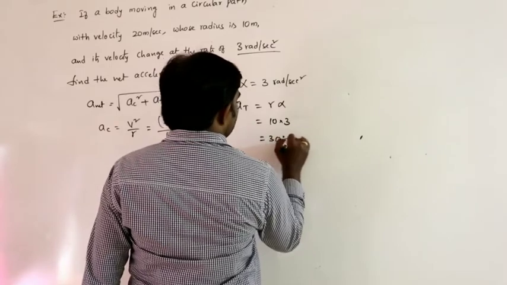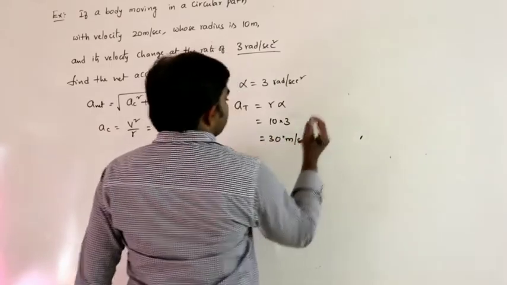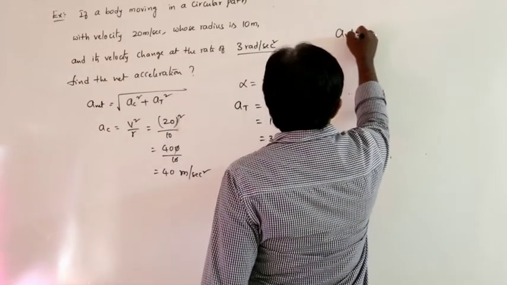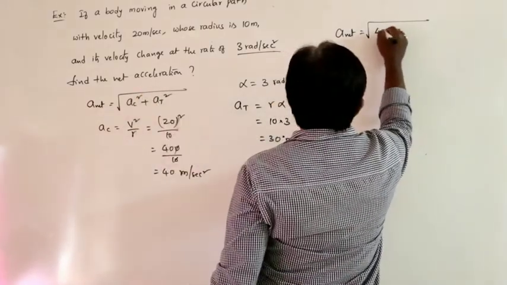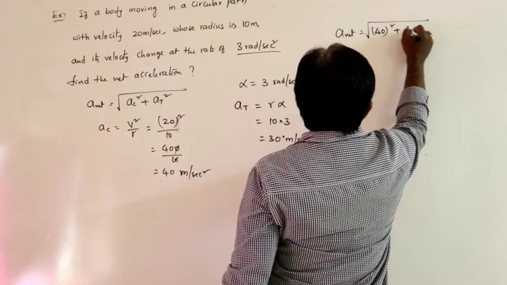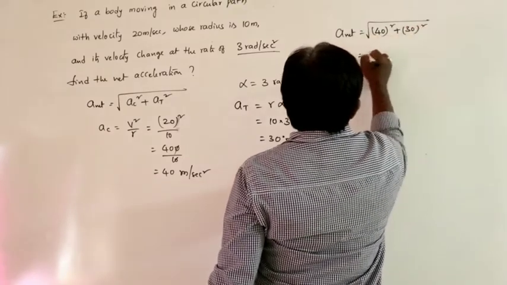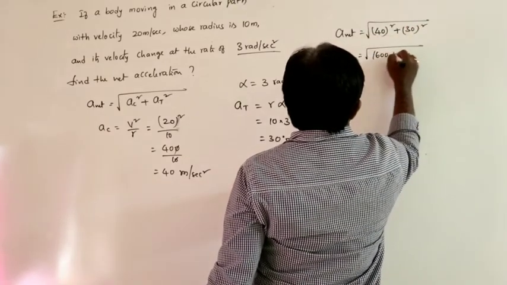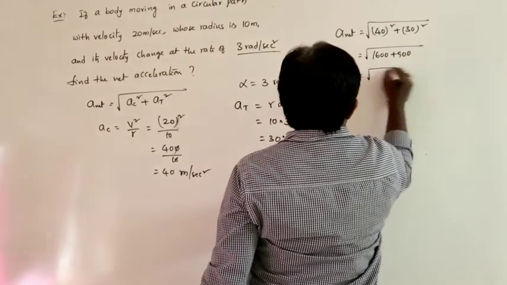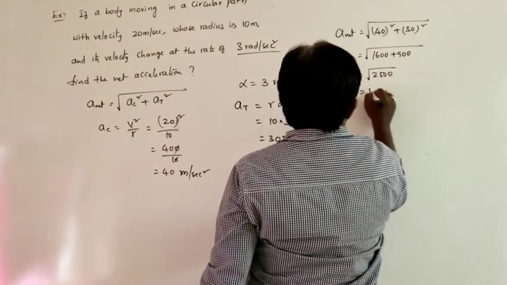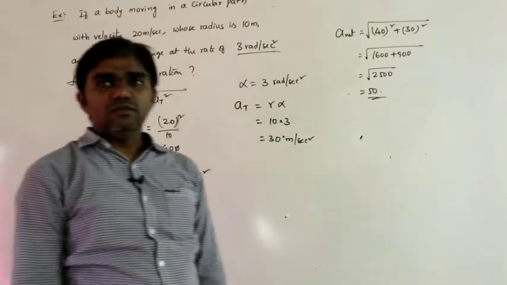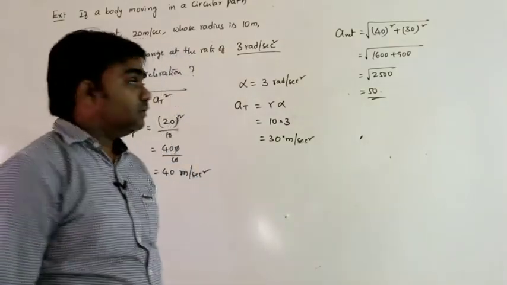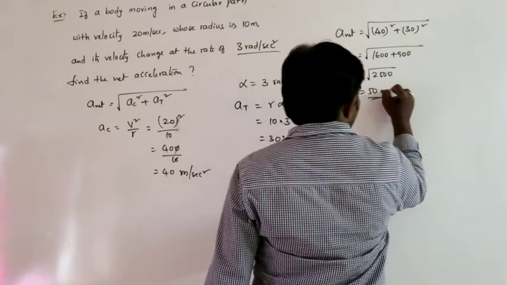That is 30 meters per second square. Therefore, net acceleration can be written as square root of AC square plus AT square. AC is 40 whole square plus 30 whole square: 1600 plus 900, square root of 2500. So that is equal to 50. Net acceleration is 50 meters per second square.